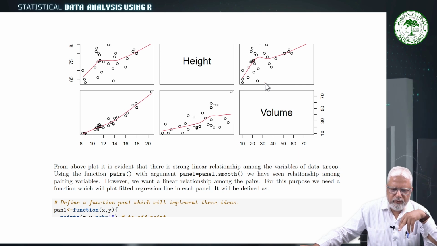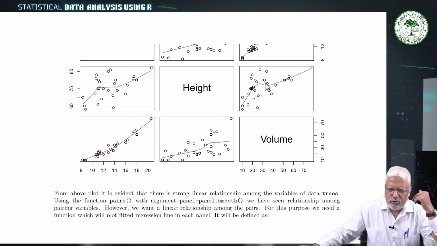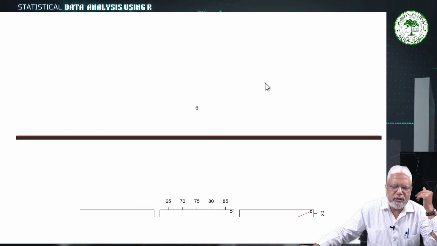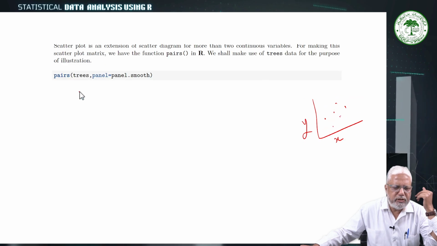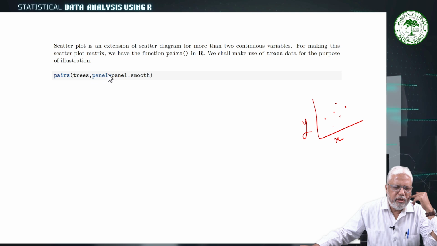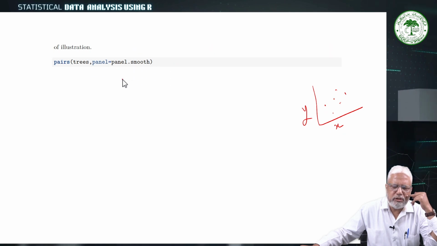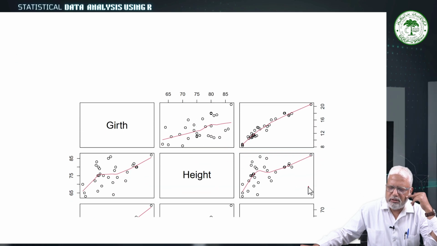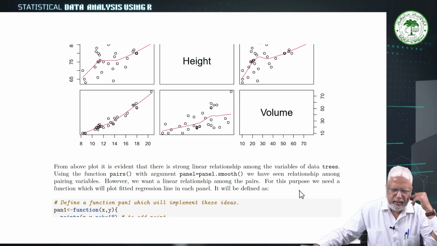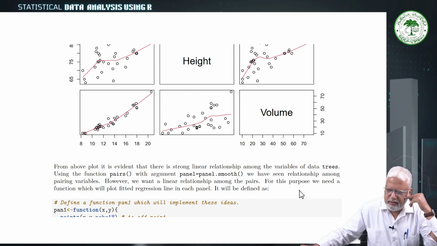We got this with the argument panel = panel.smooth. Actually here the arguments are pairs, data trees, and panel = panel.smooth. So panel.smooth is based on Loess, and it computes non-parametric estimates of these lines. Here we want a linear relationship among pairs.